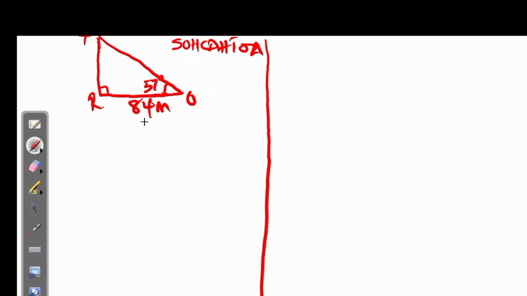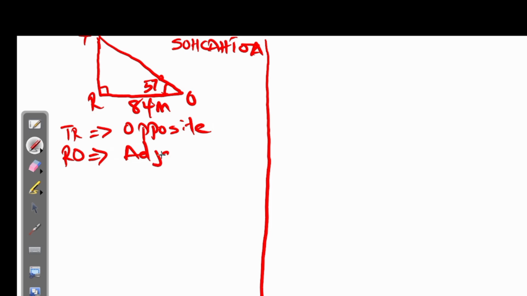The side that faces the angle 57 is the opposite, so TR is our opposite. RO is our adjacent. The hypotenuse always faces the right angle.